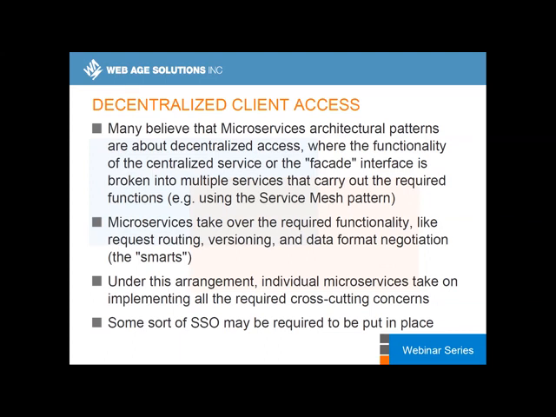So microservices would be taking over the role for those smarts for versioning, request routing, and format negotiation, converting JSON to XML. And probably it will be great. You will reap some rewards if you go this way, but at a certain point in time, the level of entropy, that chaos, would reach a point where things would not look as good, right?